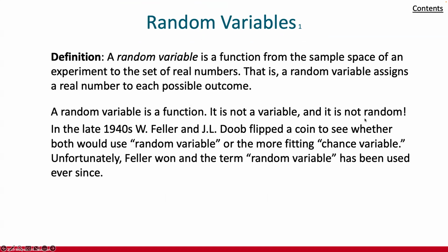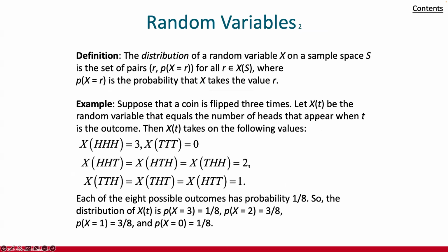It is not a variable, and it is not random. In the late 1940s, a couple folks, Feller and Doob, flipped a coin to see whether both would use, quote, random variable or the more fitting chance variable. Unfortunately, Feller won, and the term random variable has been used ever since. So that's how the terminology came about.